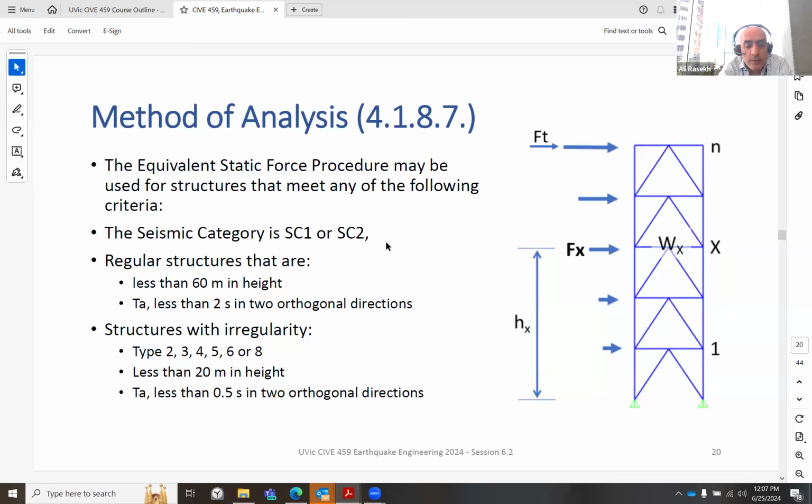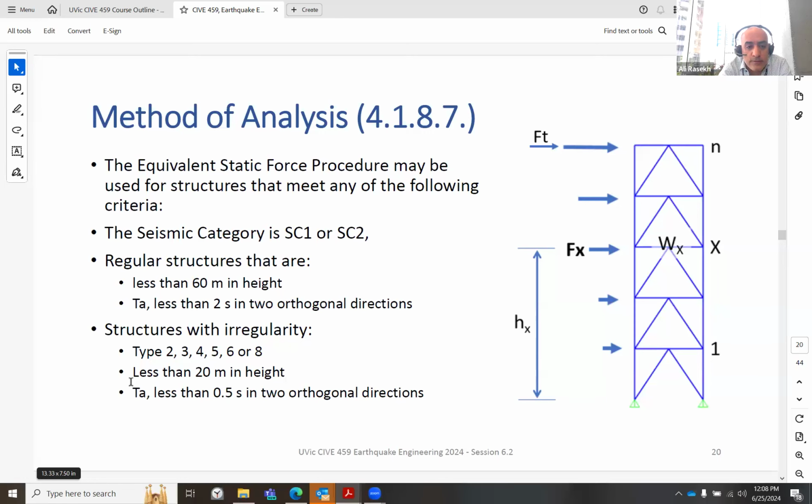And the structure should be regular, meaning, I will discuss what regular means, but the structure should be less than 60 meters in height. And the period in this direction and in the other direction perpendicular to it should be less than 2 seconds, which indicates about a 20-story building, plus or minus.